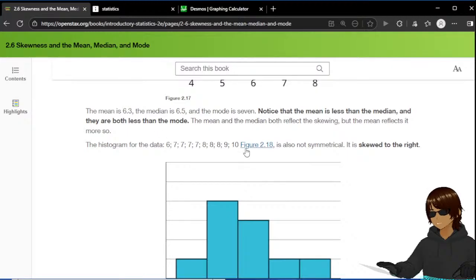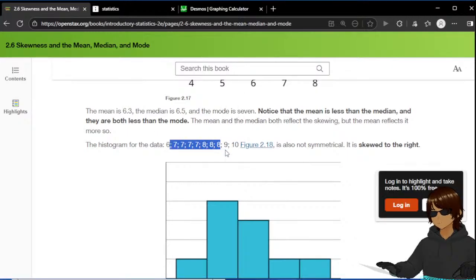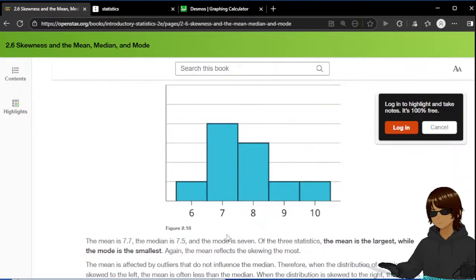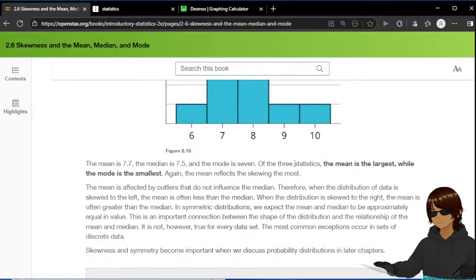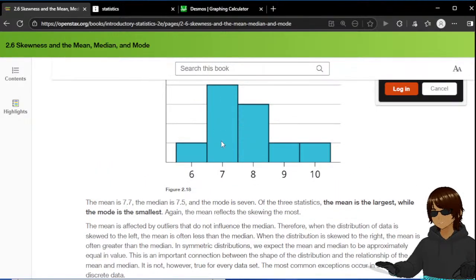The histogram for this data is also not symmetrical. It is skewed to the right. So the left side contains more data. The mean is the largest, while the mode is the smallest. Again, the mean reflects the skewing the most. The mean is the largest. The median is 7.5.